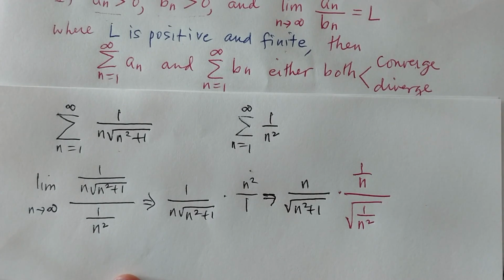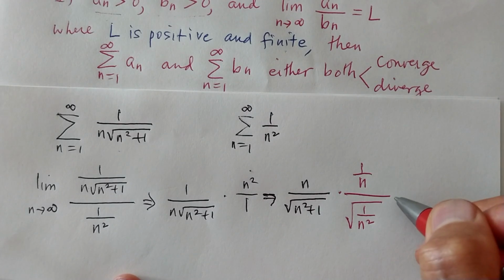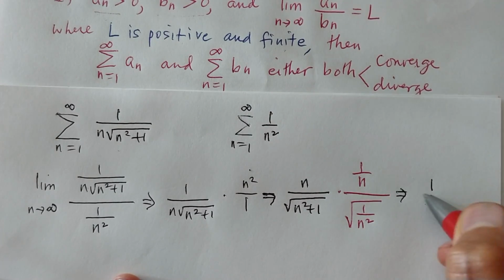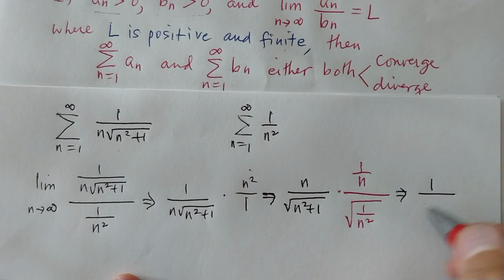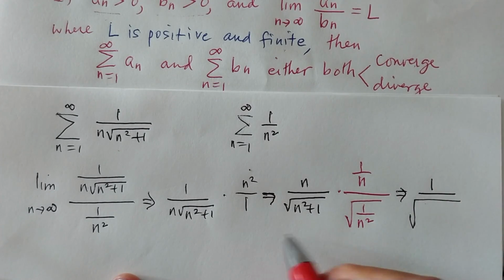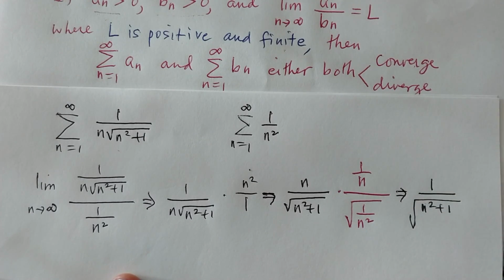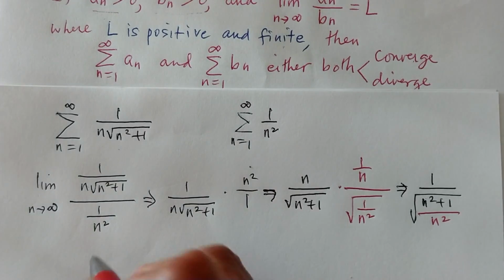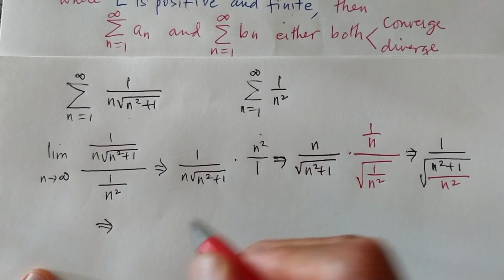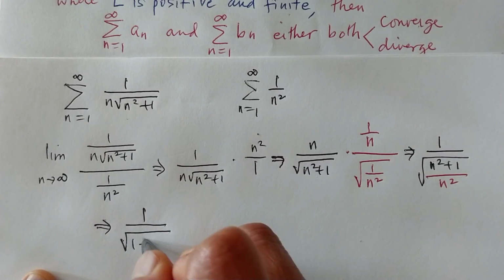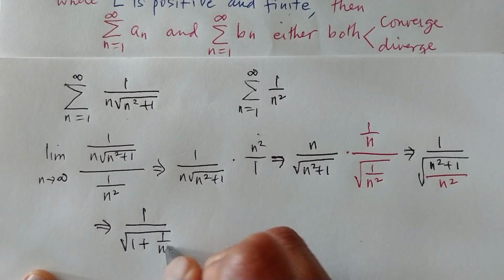And so I will get here 1 in the numerator, since n times 1 over n is 1. This one will give me now, let me multiply, n squared plus 1 over n squared. And so that simplifies to 1 over the square root of 1 plus 1 over n squared.